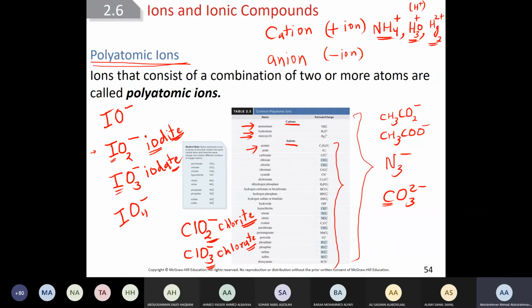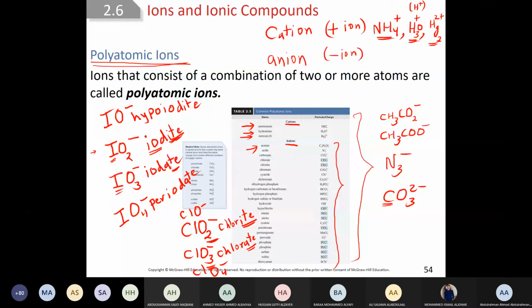For chlorine, we have this one and ClO4 minus. Then what are you going to call the one with less oxygen? This is now called iodite, because it's before this one. And this one is called iodate.